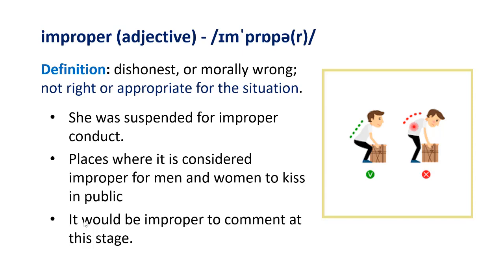So at this stage, at this period of time, you should not comment to your friend and say that before I already told you, but you did not listen to me, and now you see that your business failed and you lost a lot of money. So it is improper to comment like that at this stage.